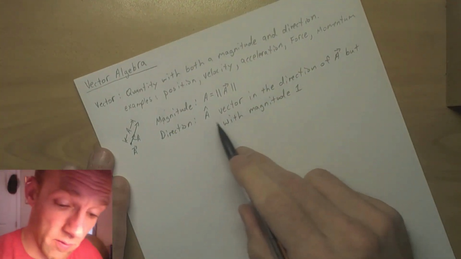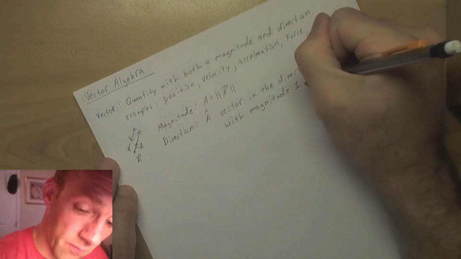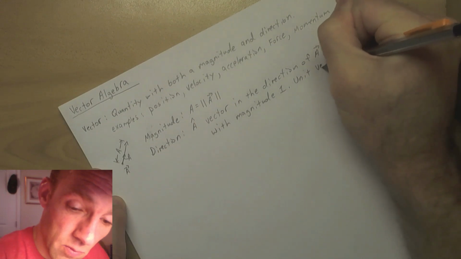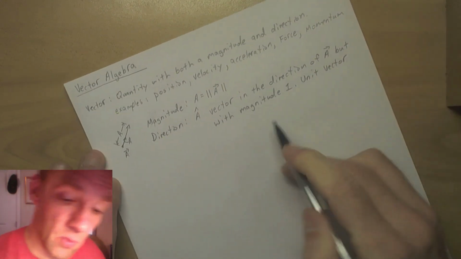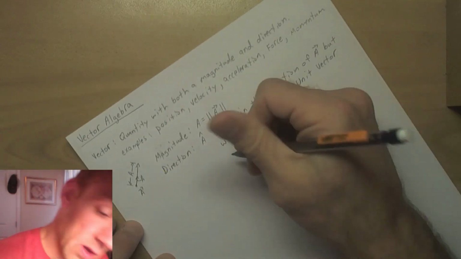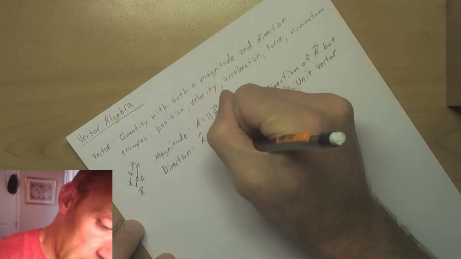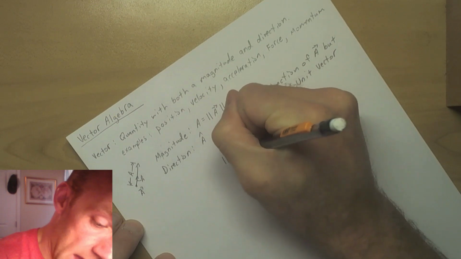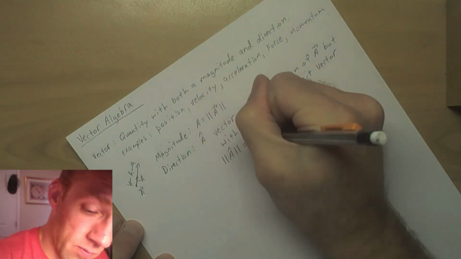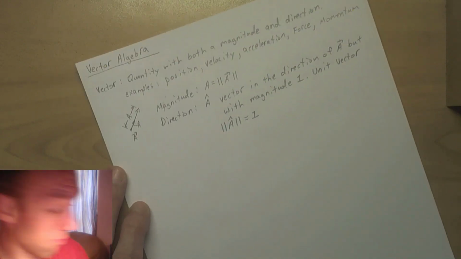So this is called a unit vector. Any vector with a magnitude of 1 is called a unit vector. And to drive the point home, the magnitude of the unit vector is equal to 1.